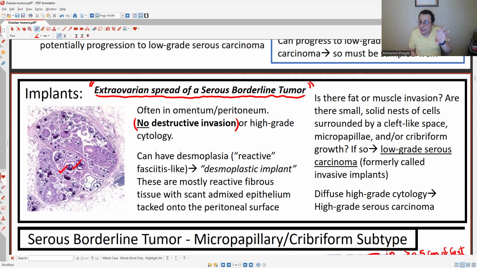It's just a space-occupying peritoneal nodule which respects the surrounding tissue and is not infiltrating the peritoneal fat. You can even have some desmoplasia, called a desmoplastic implant, yet they still don't call it a serous carcinoma. They still call it a serous borderline tumor.